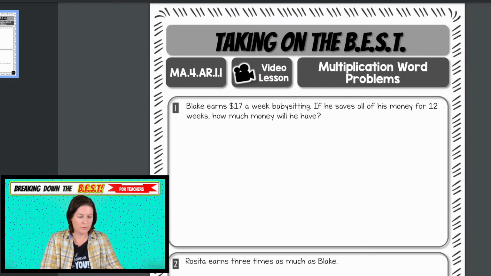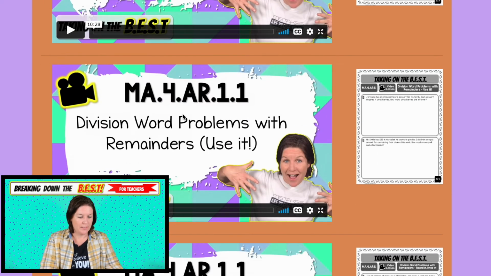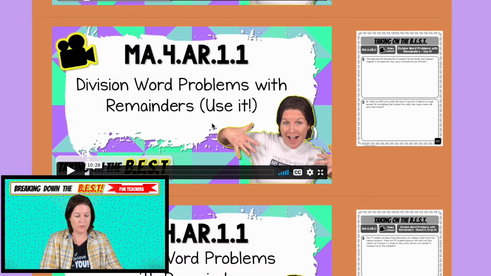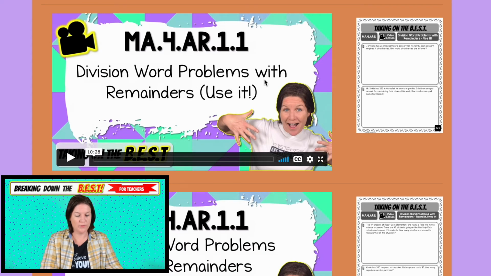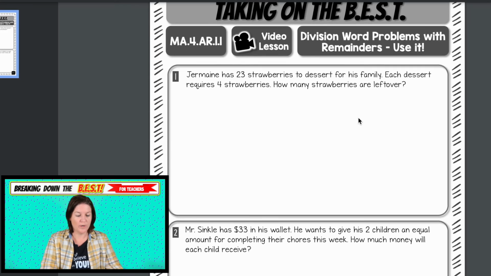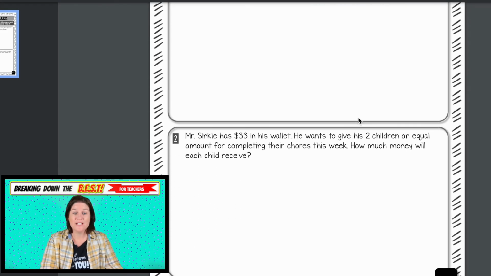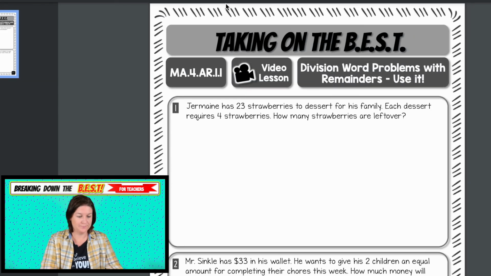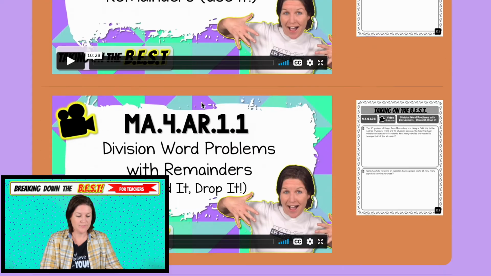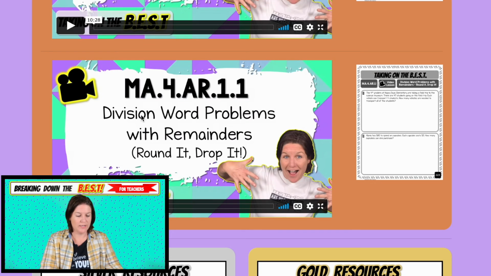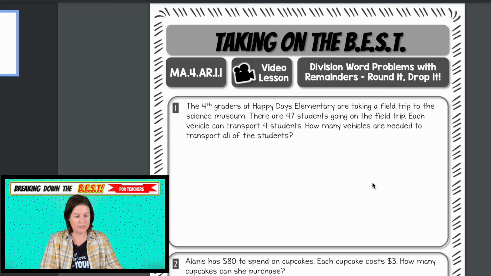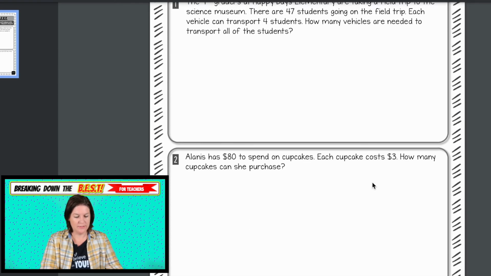So multiplication word problems, bam. Then we have division word problems with remainders where we use it. So here are 2 problems where the remainder is something that we need to use at the end. In this one, it's a division word problem with remainders where we either round it or drop it. So we have that printable guide that goes with that right there.